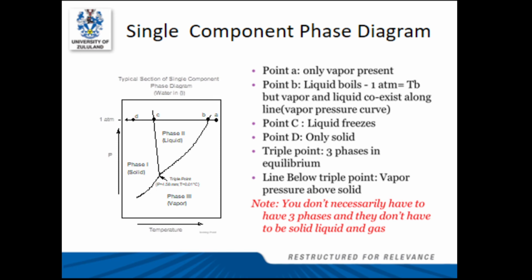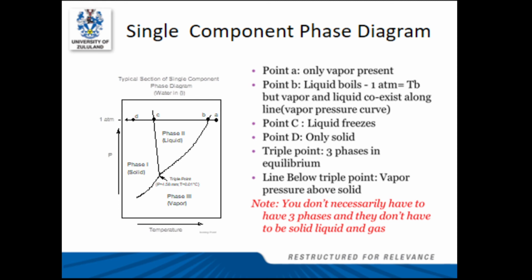So let's look at a typical example of a single component. In this graph, this is a typical example of a phase diagram for water. From this graph, we have a number of points, as you can see: point A, point B, point C, as well as point D. And we also have the triple point.